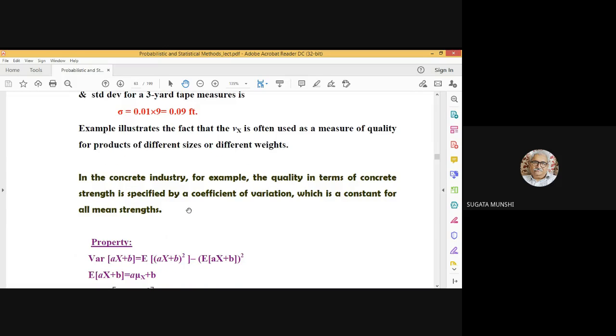Now consider a certain property of variance that will also be useful in many applications.